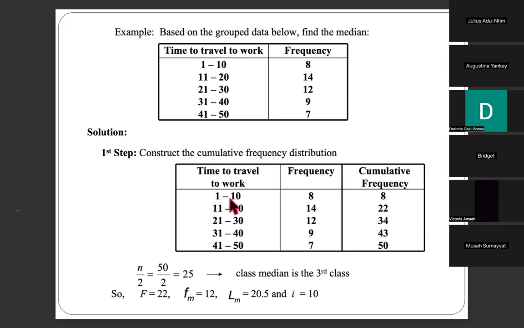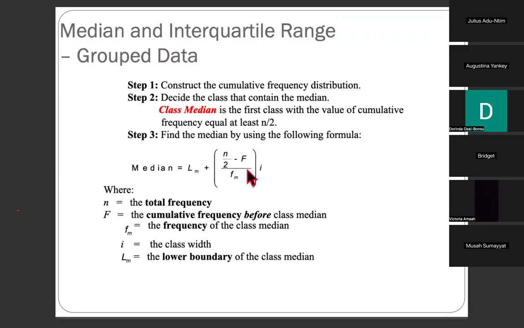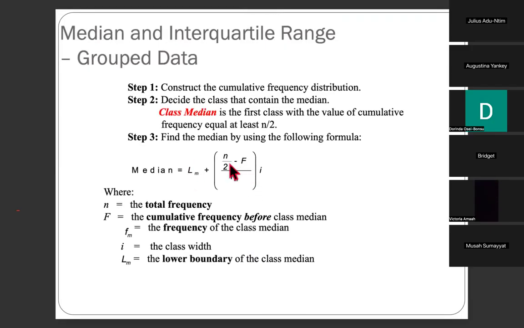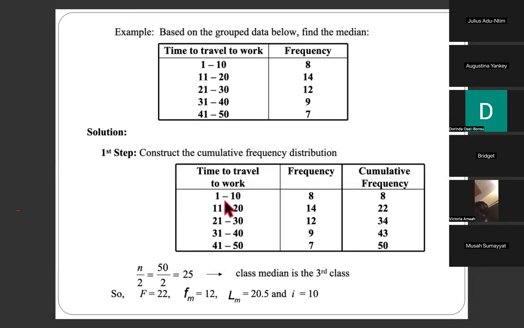So you see that these have been arranged in order already, 1 to 10, 11 to 22. But what is left for us is to find the middle of this. But this one is a group. And for us to do that, it is this formula that we use to find the middle observation when you have grouped data, like this.